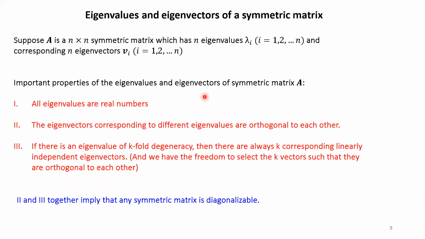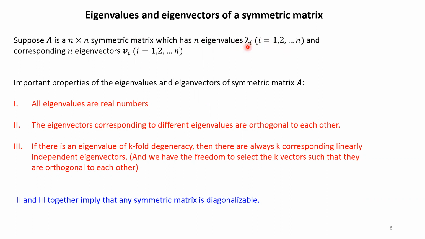What we really care about much of this symmetric matrix is its eigenvalues and eigenvectors. All symmetric matrices have very nice properties for their eigenvalues and eigenvectors. So here, suppose I have this n by n symmetric matrix, and it always has n eigenvalues.